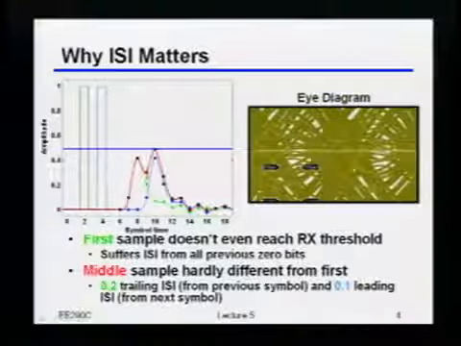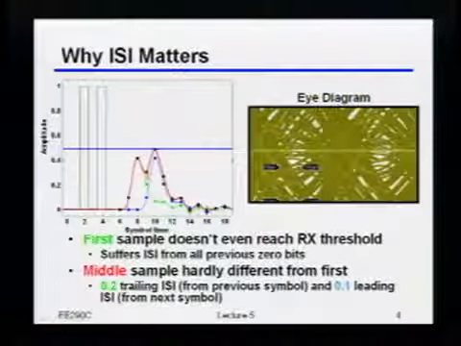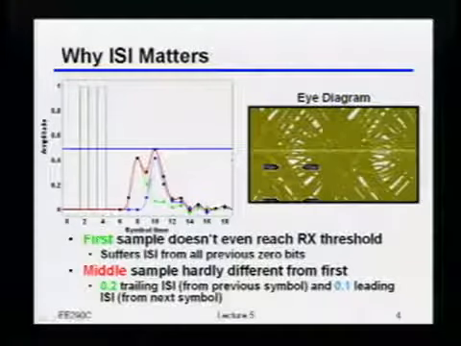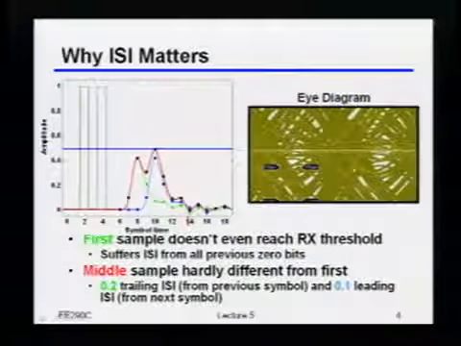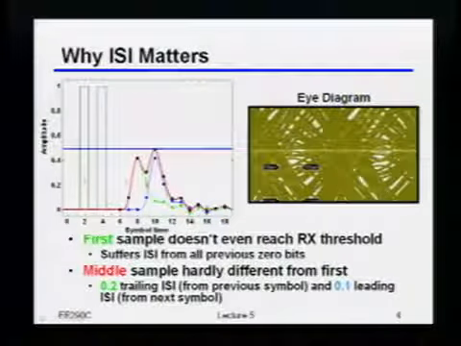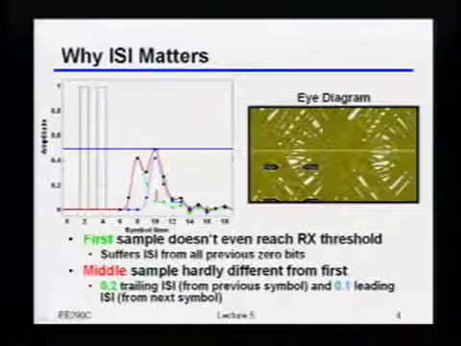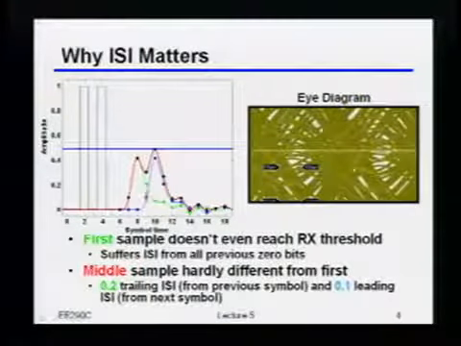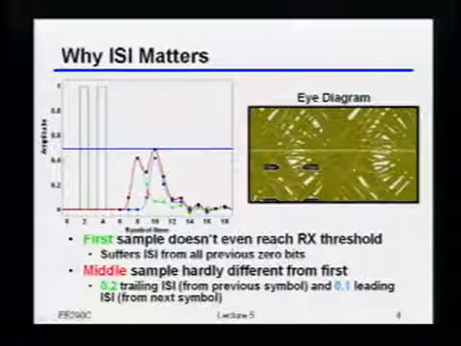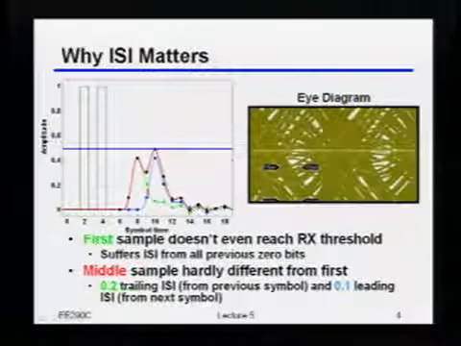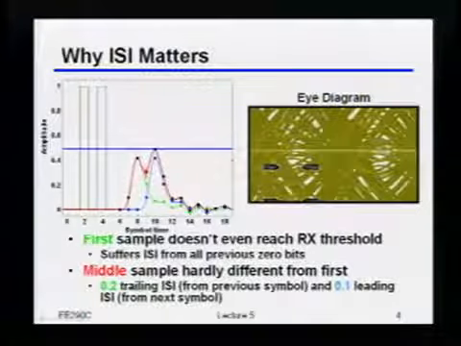It's totally shifted off, right? Well, it turns out that happened because something like 0.2 of the amplitude that you sent from this green pulse is still sticking around in the channel. Not only that, there's also 0.1 of amplitude from the pulse that comes after, that blue one, which is also pushing this guy up over here.